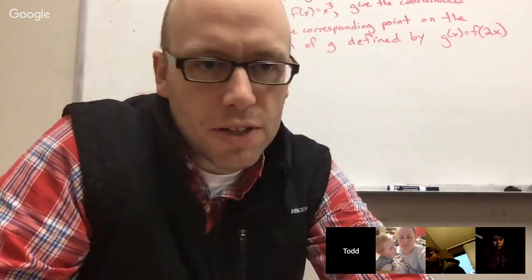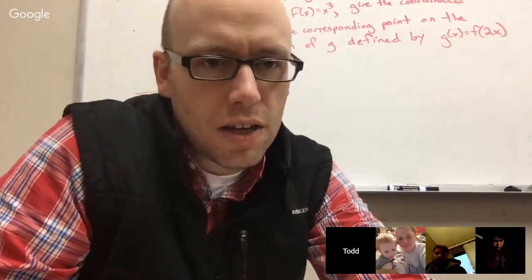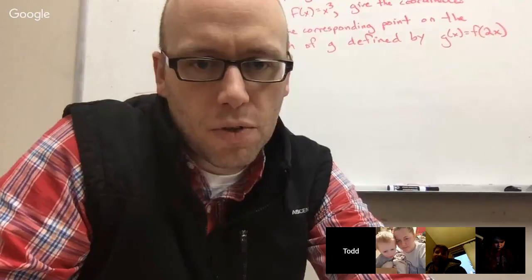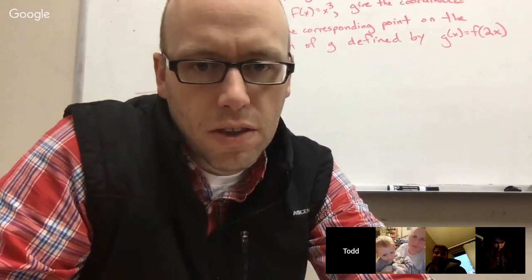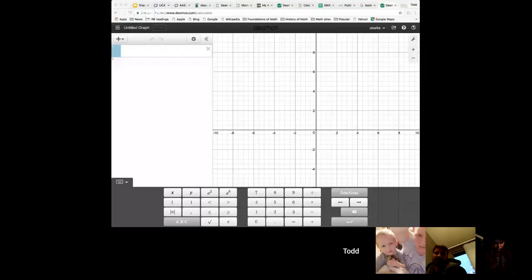So I'm going to try to share my screen with you guys so that you can see what I'm doing. Okay. So here, this is me on Desmos. Does this look all right?